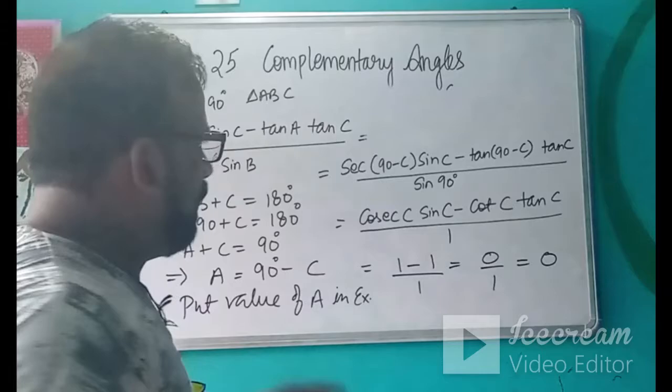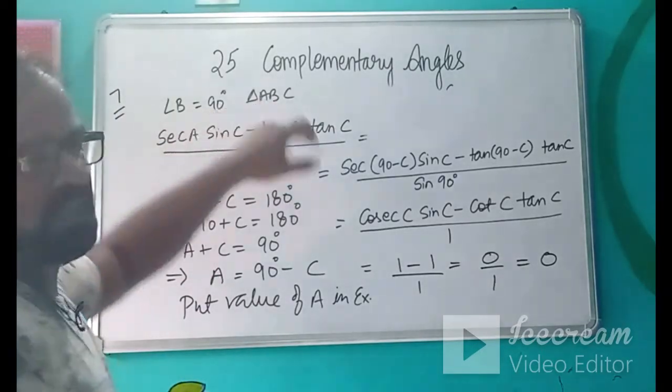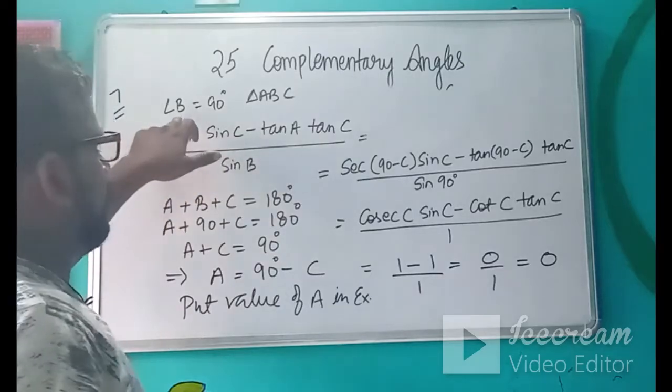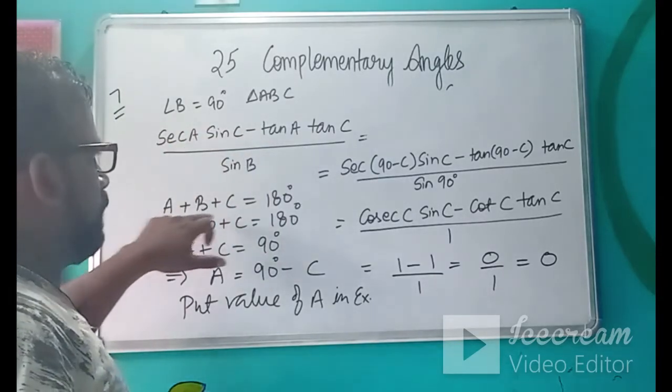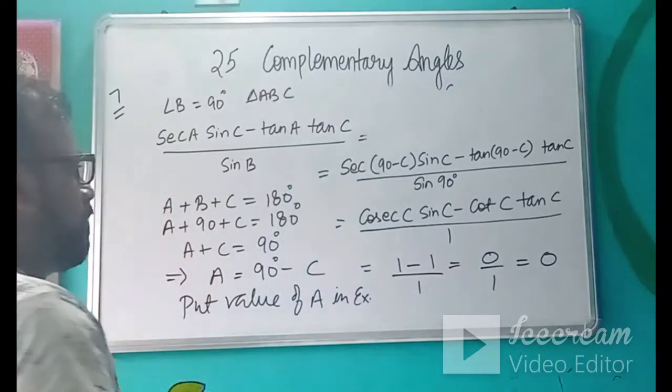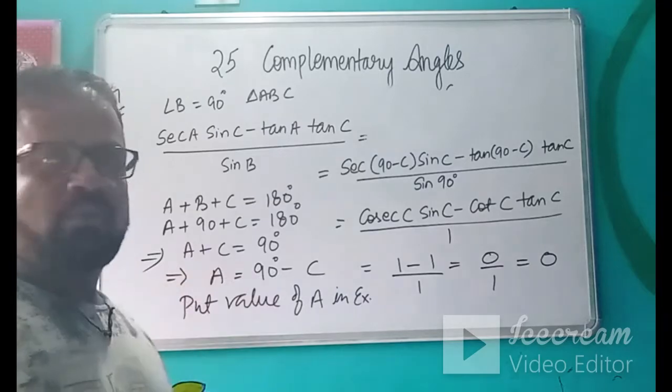Okay, so again I am repeating one more time. In the questions like this, in which ABC are the angles of the triangle and one angle is 90 degree, first you will calculate the sum of two angles. So when I calculated, I came to know that these two are forming the complementary angle pair.